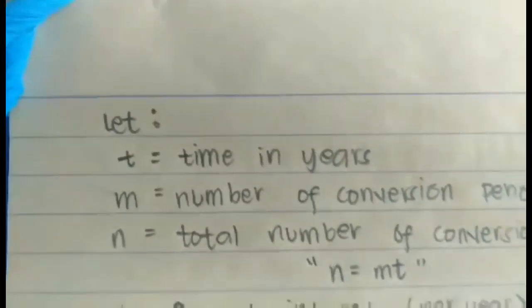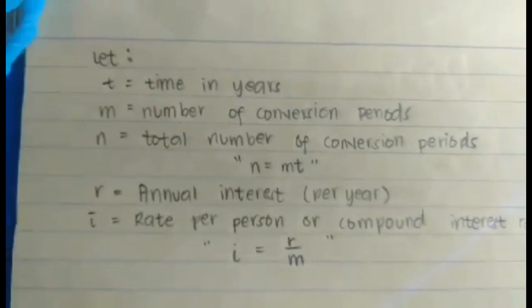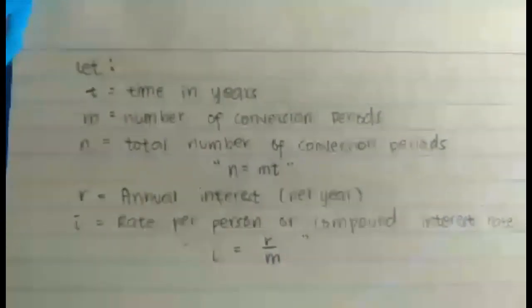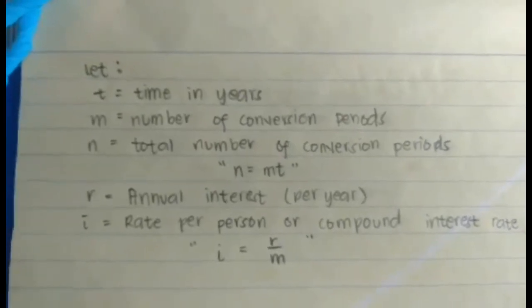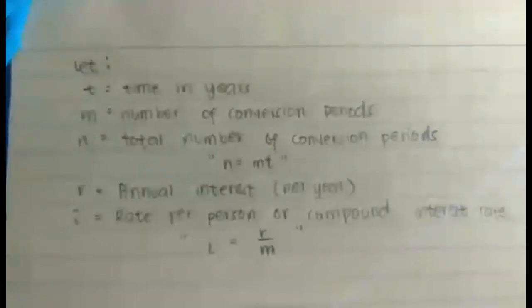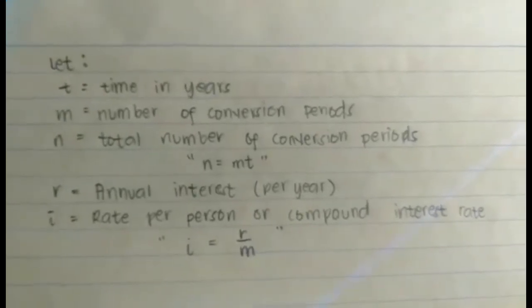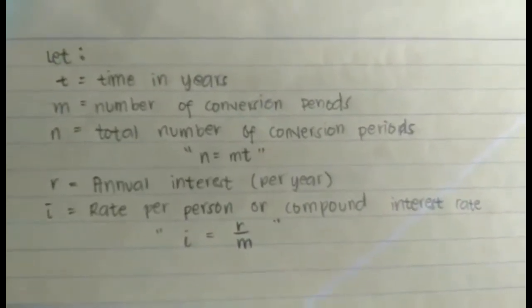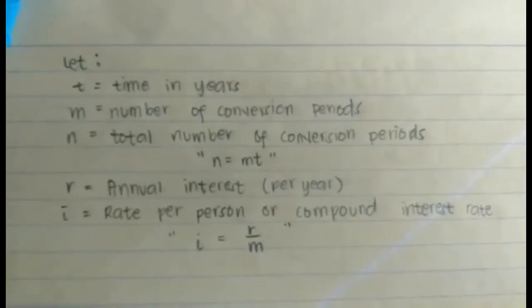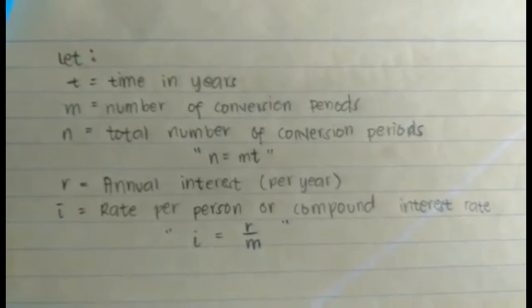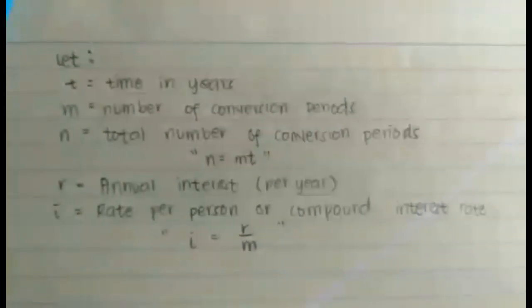By using the formula, let the letter T be the time in years, the letter M the number of conversion periods, and the letter N the total number of conversion periods, or N is equal to the product of M and T. R is the annual interest or per year, while I is the rate per period or compound interest rate. The formula is I is equal to R over M. So now, let's solve the formula for the compounding periods.